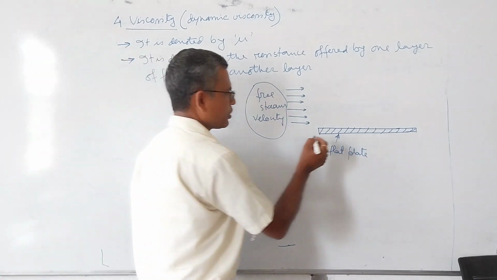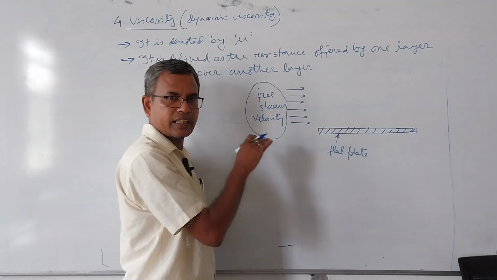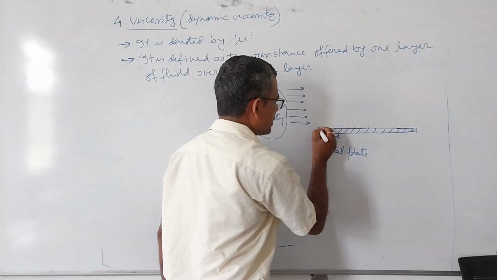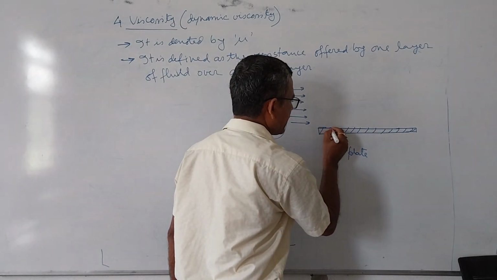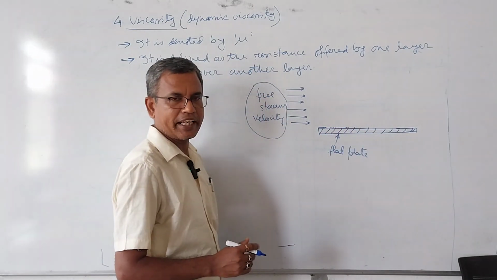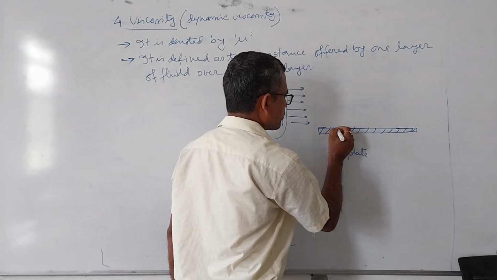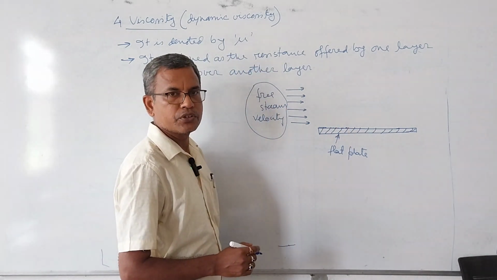Now what will happen? The fluid is flowing layer by layer. The fluid that is very adjacent to the top surface of the plate will be sticking to it, so it will have zero velocity.